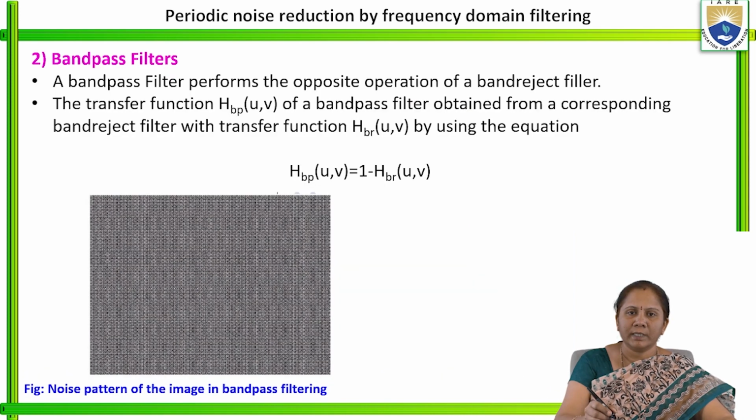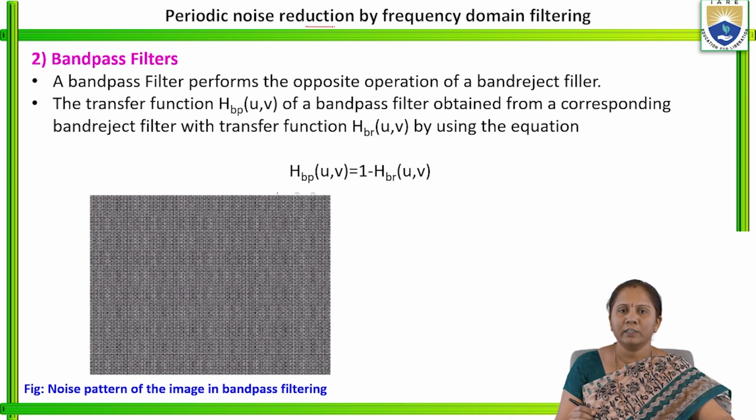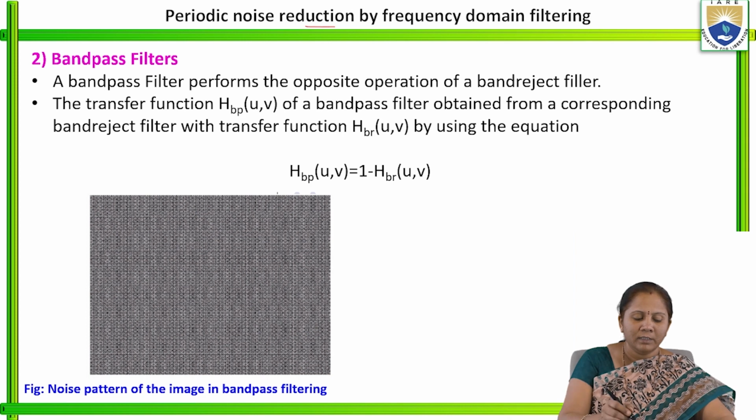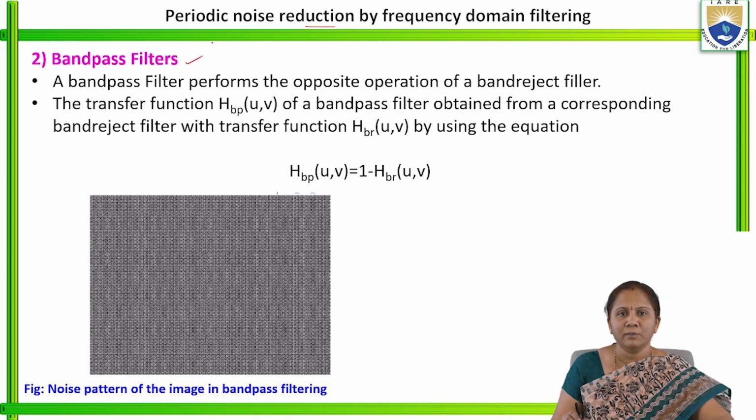Coming to the second type of periodic noise reduction filter under the frequency domain, the next filter type is the band pass filter. The band pass filter function is exactly the opposite operation to the band reject filter.